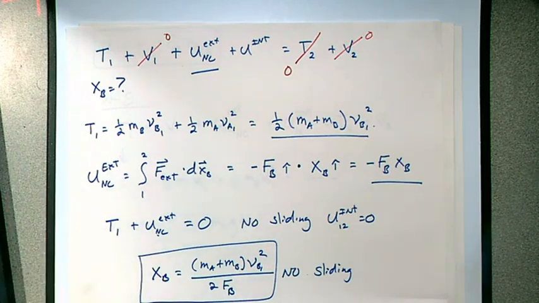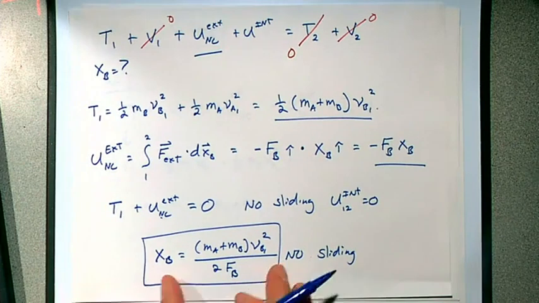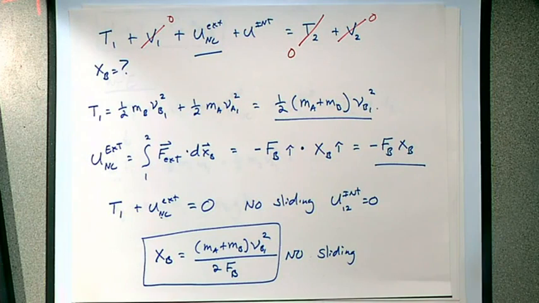So in the end, I get that XB is equal to our same term from before, (MA plus MB) VB1 squared over 2 times my braking force, minus this extra little guy, F_AB times x of A relative to B. So this is like our sliding correction factor.